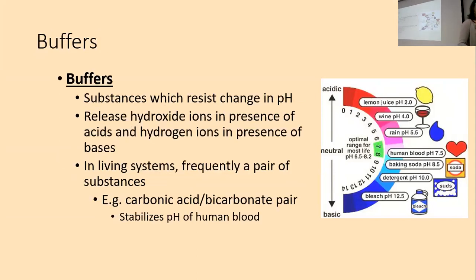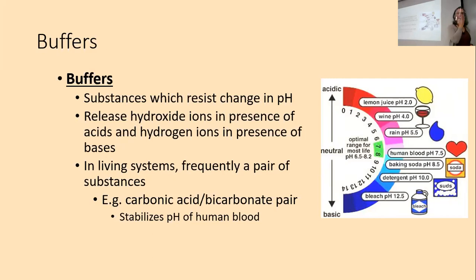Now, we have acids, we have bases. Subsequently, in living systems, because we don't want anything to get too acidic or too basic, we have buffers. A buffer is something that can resist change in pH.